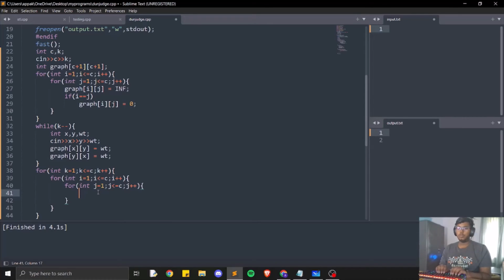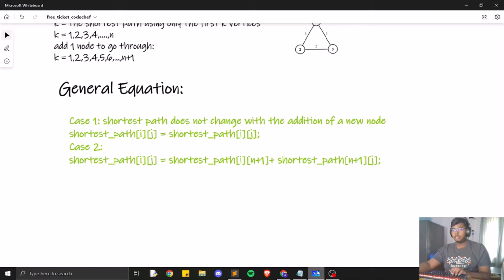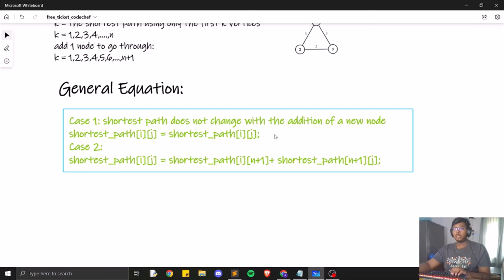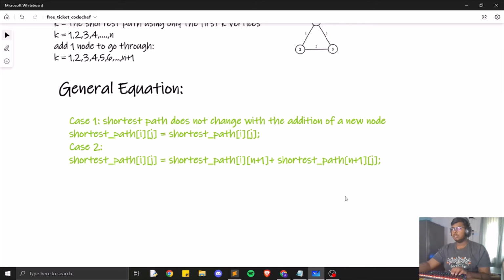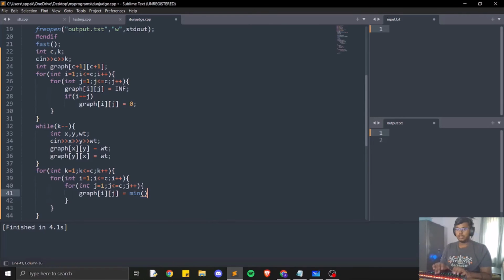The shortest path graph from i to j would be, as we discussed on the whiteboard, there will be two cases: the shortest path ij, and shortest path of i to k plus shortest path of k to j. So we need to find the minimum of both of them. So let us write the minimum is equal to the minimum of graph of ij and graph of i to k, so we will be including the kth vertex, plus graph of k to j.